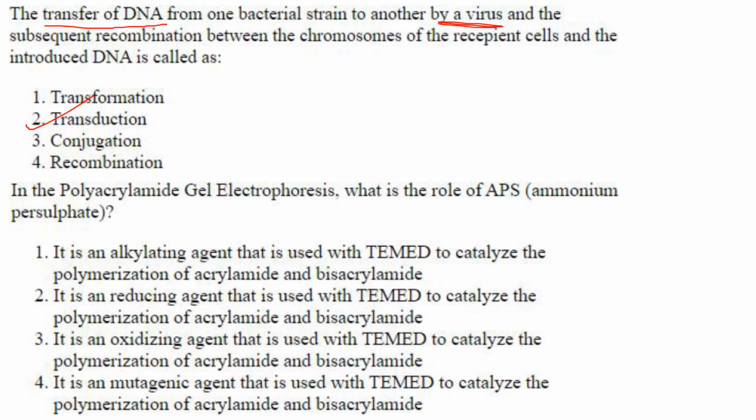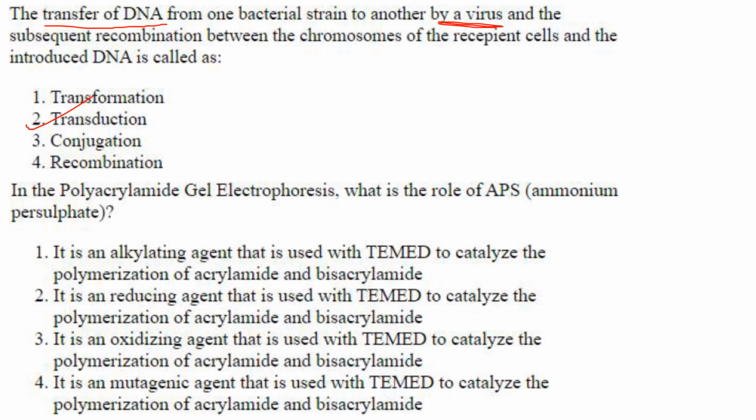Then next question. In the polyacrylamide gel electrophoresis, what is the role of APS, that is ammonium persulfate? The various components of a polyacrylamide gel are acrylamide, which is the gel matrix, then bisacrylamide that will cross-link the acrylamide, then TEMED that will act as a catalyst to accelerate the polymerization of acrylamide.